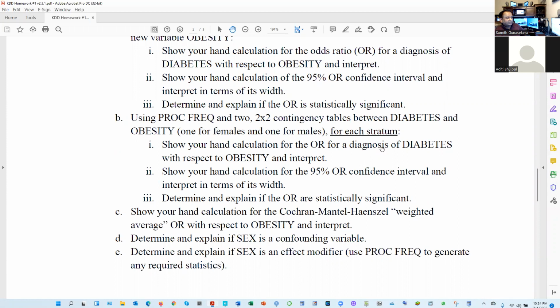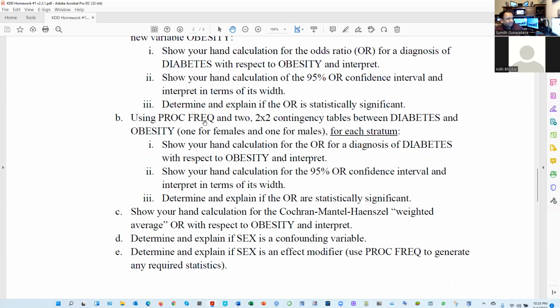Now show your calculation for diagnosing diabetes with respect to the obesity. You show that one, and calculation for the 95% OR confidence interval. Interpret in terms of its width. Determine and explain if the OR are statistically significant. And that's the same thing. Obesity, you can do that one.